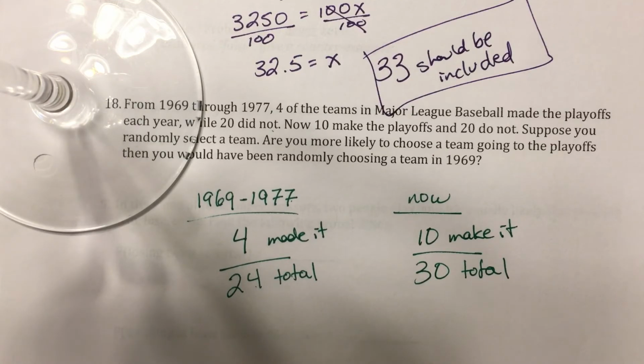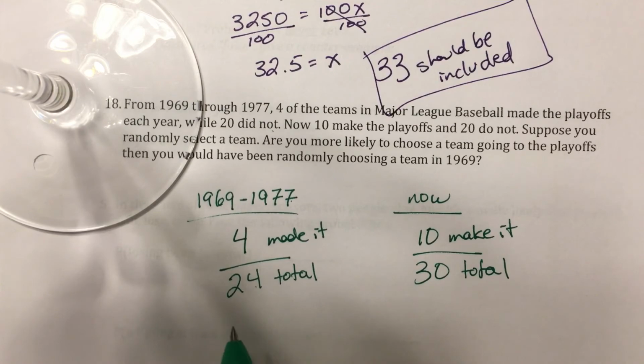So if we're going to choose a team, randomly choose them, not based on their record or whatever. Every team is equally likely to be chosen and equally likely that you pick the one going to the playoffs or not.